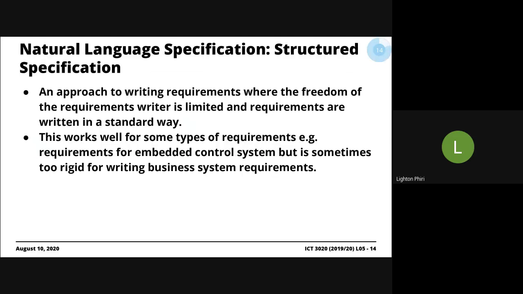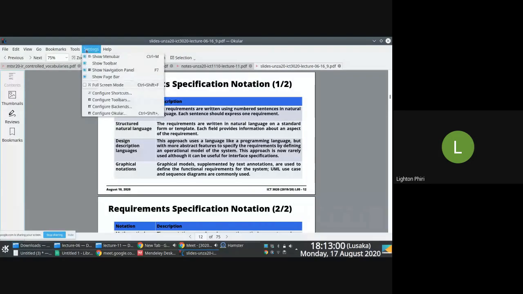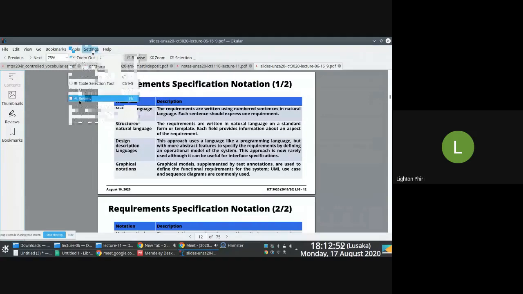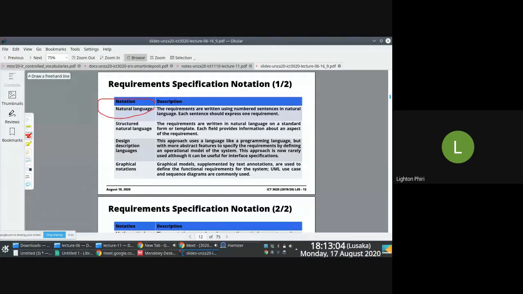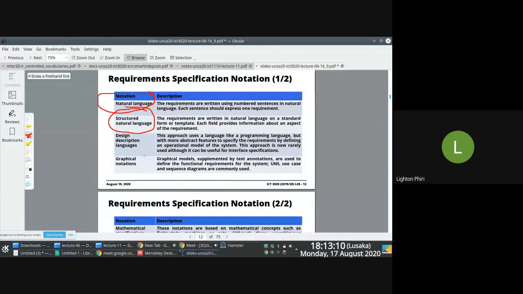Oh, and by the way, in our SRS document, we will have a mixture of natural language notation. There'll be structured notation because you're using a template. We shall also have graphical notation, so a combination of these three.